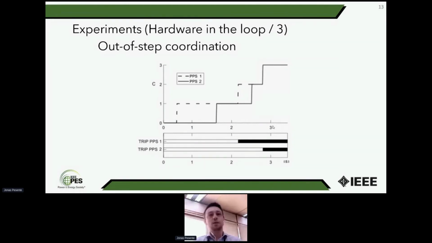So we can adjust it on the real-time simulations and be assured that the devices are coordinated among them.